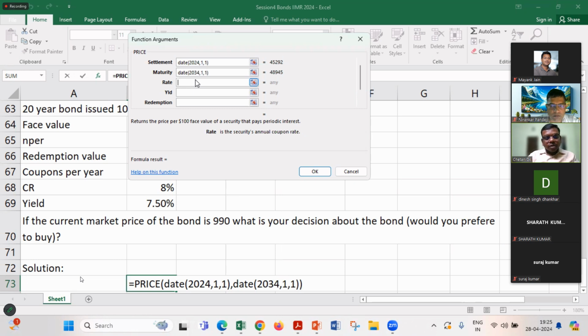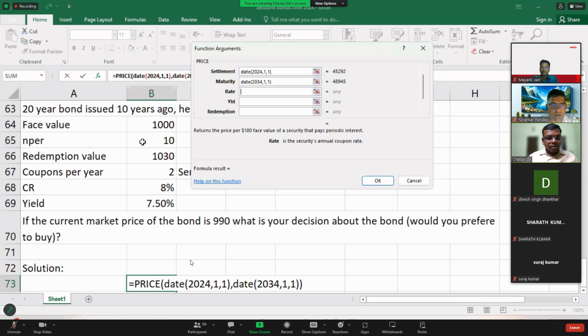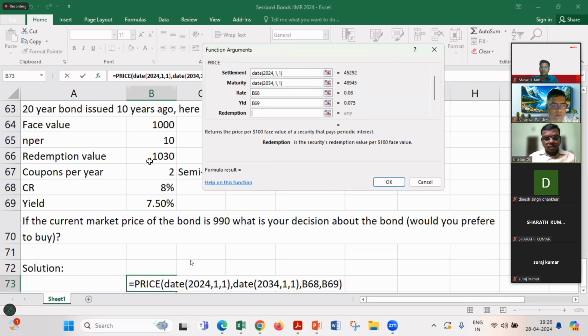1, 1. So the rate means what? The security's annual coupon rate. So the annual coupon rate of the bond I should be picking up. So the coupon rate is 8%. The yield is 7.5%. And next is the security's redemption value. For every 100 face value, how much should I put? I'll put 103.